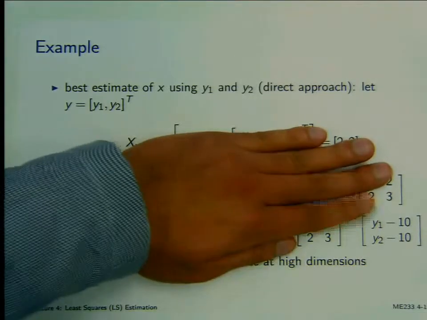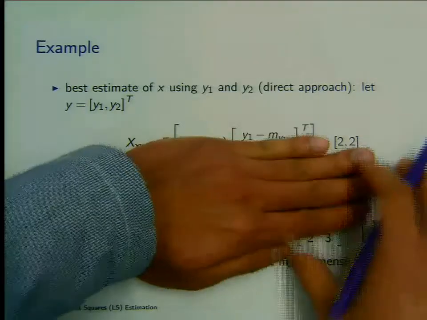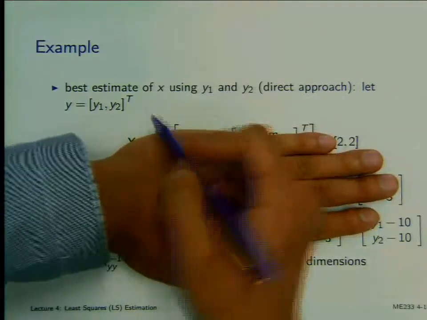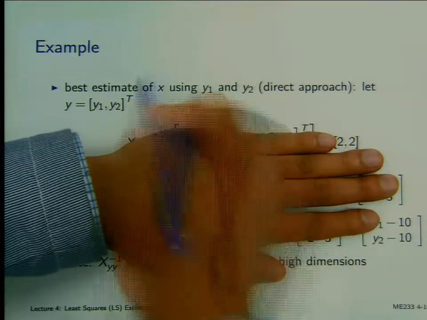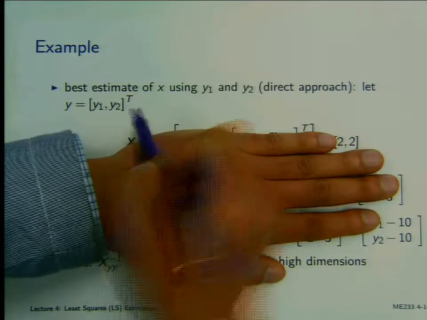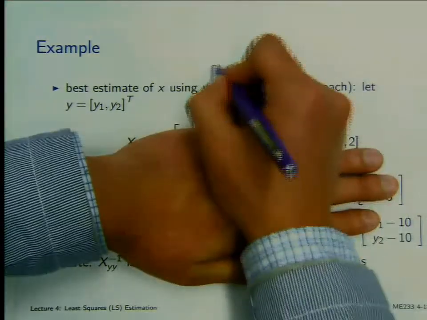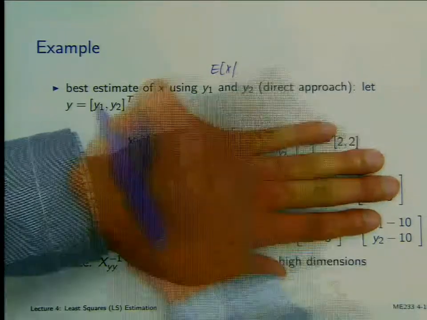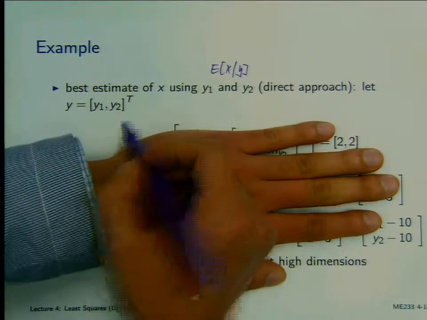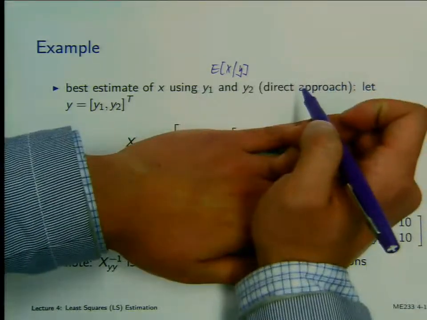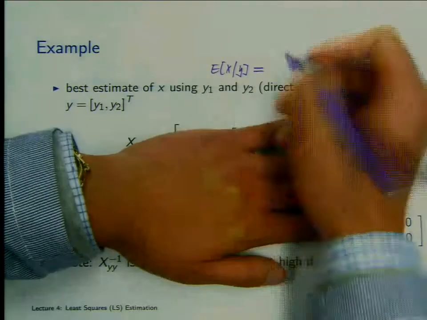Forget about what we derived from the beginning. If I just ask you this question, even if you haven't learned today's lecture, you should be able to do this. The straightforward way is the expectation of x given y, where this is a vector y. What should be the expression for this? Check your notes.